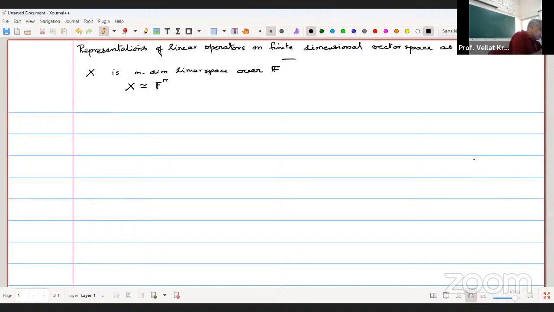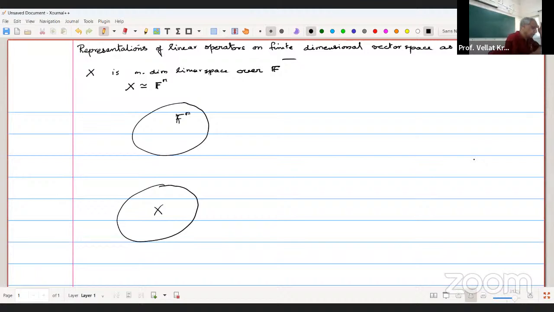So let me go back to the figures which I had been drawing earlier. You have X here, and you have a copy of Fn. Let us get the isomorphism first. Choose any element x here.